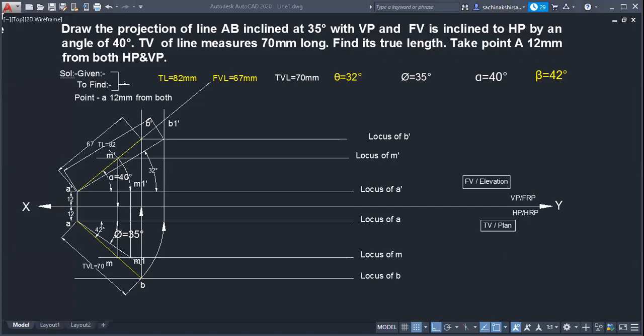Avinash, what is your answer? 32 theta. Mahesh, 31. Okay, no issue. Suraj Karande, your answer.